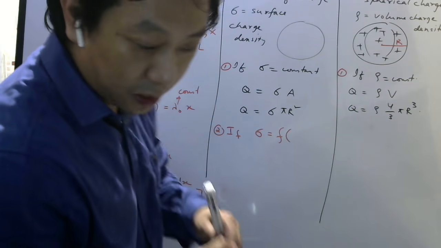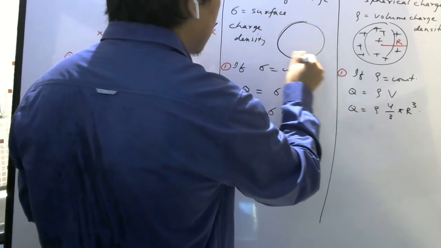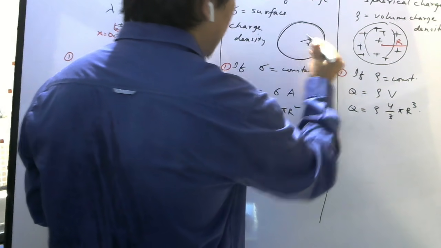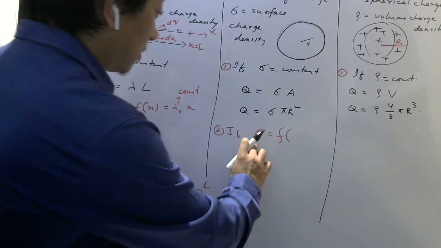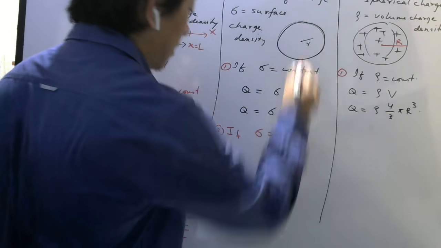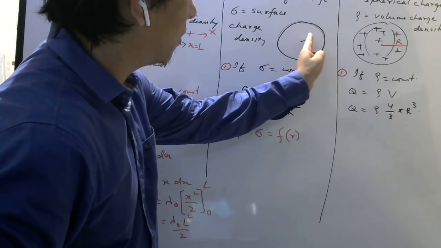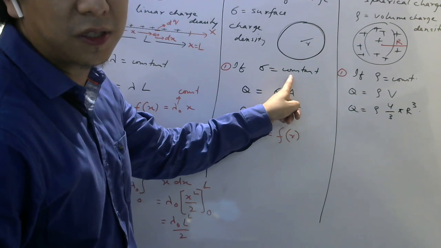Okay, let me take the other pen. So this is my disk, and from here at a distance small r. So what is small r? The distance from the center. So your sigma, they will tell, is a function of this small r. Meaning, as you go from the center away, your surface charge density is no longer constant.